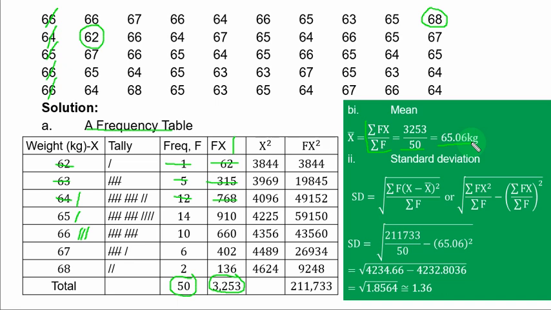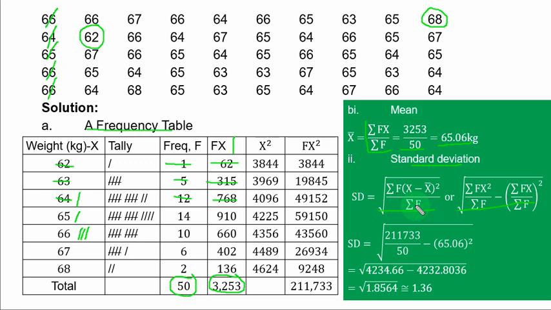Next, you are asked to find the standard deviation. You have this formula or this. The second one is the expanded form of the first formula. Both will give the same result, but the second one is easier to work with, because if you are to work with the first, you have to look for s minus the mean, square it, multiply by f before you add.